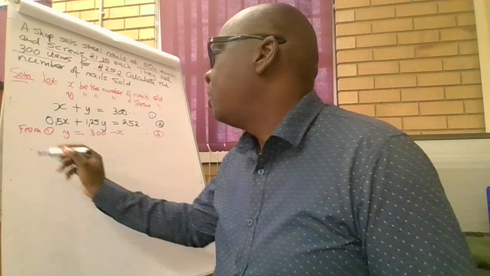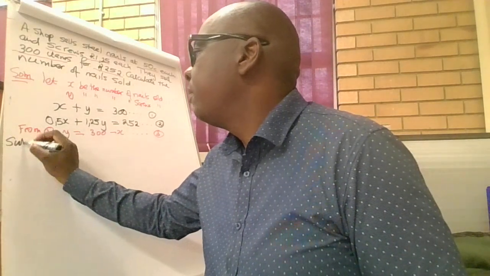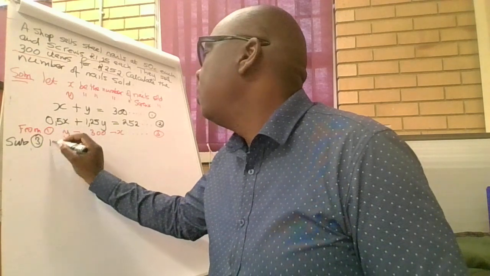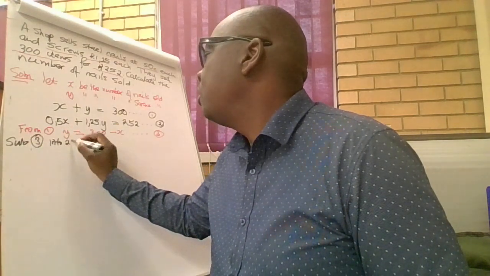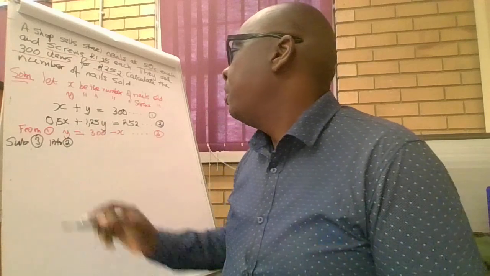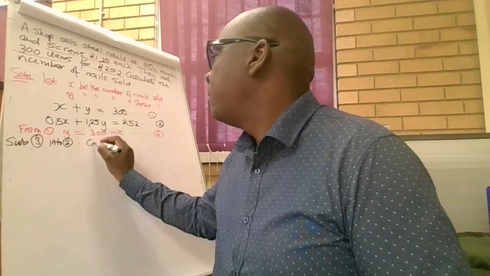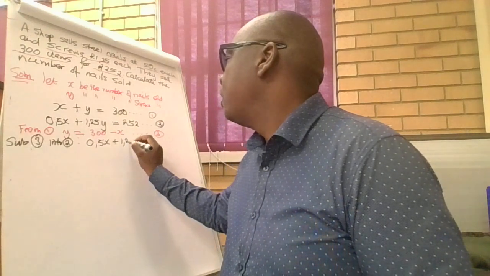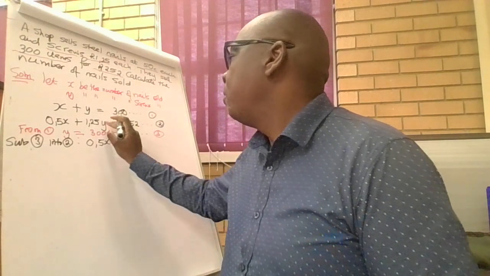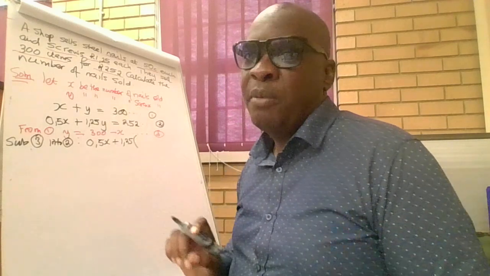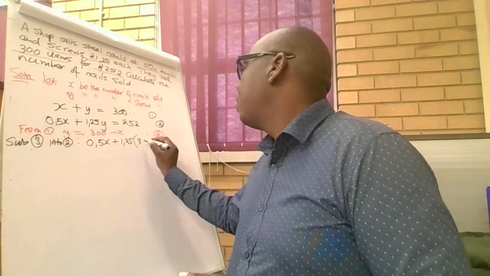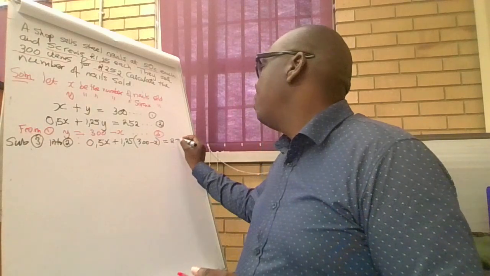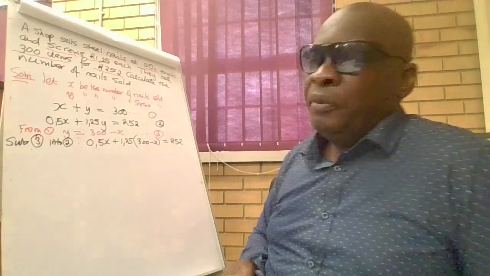Now, if I substitute equation 3 into equation 2, what am I going to have there? I'll have 0.5x plus 1.25, and then in place of y, I can put 300 minus x. So I have 1.25 times (300 minus x), and this is equal to 252.